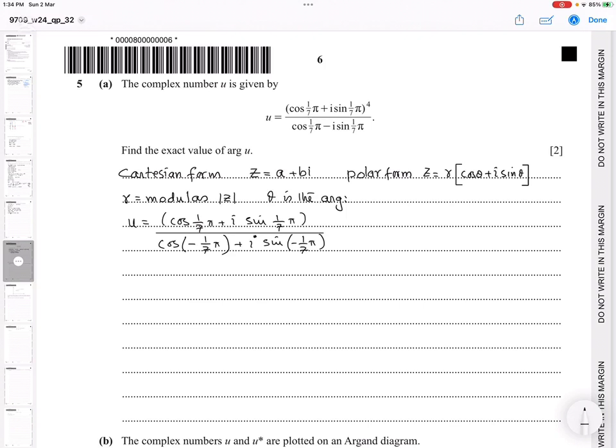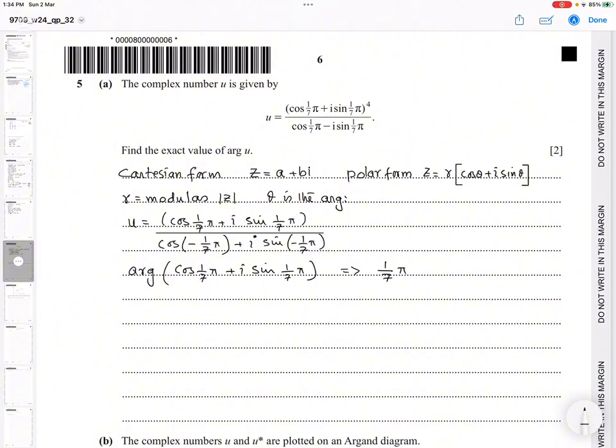So from the numerator, cos 1 over 7 pi plus i sine 1 over 7 pi, as theta is our argument, my argument would be 1 over 7 pi.